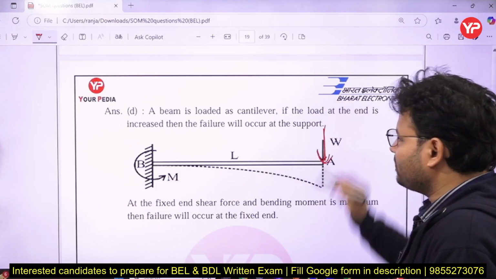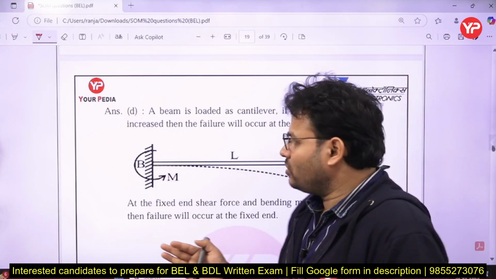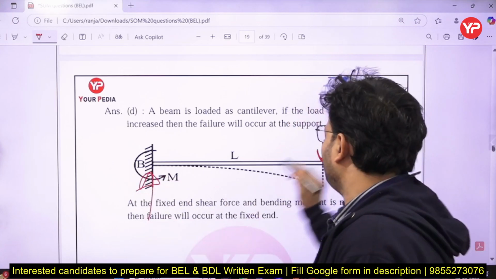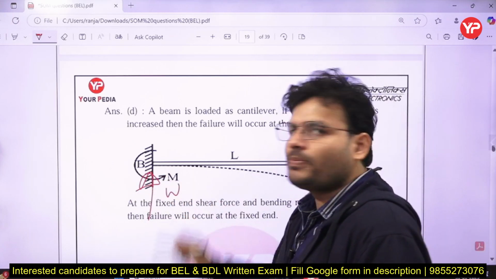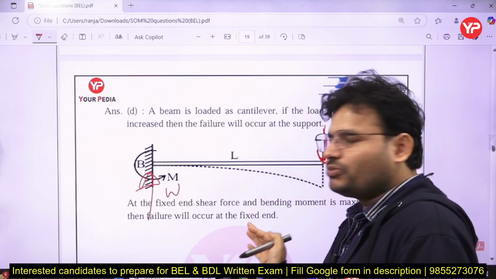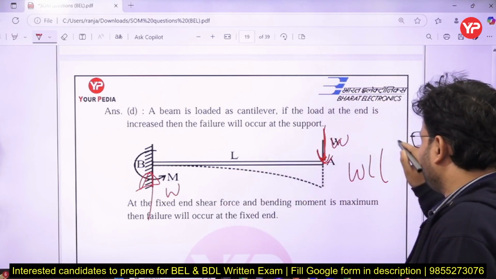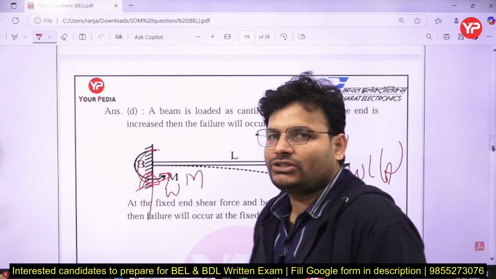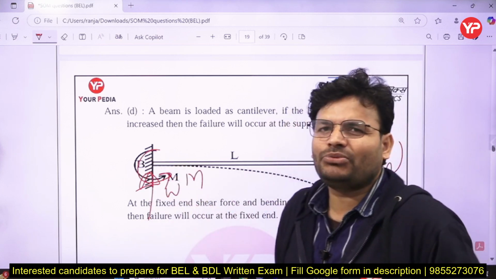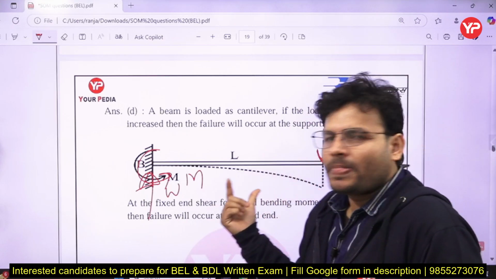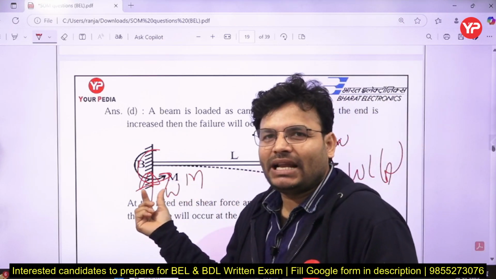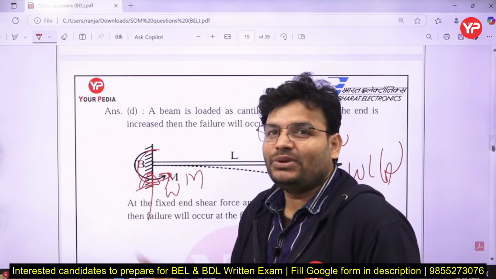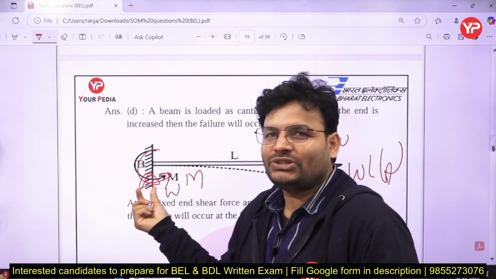As the load is increased, there will be a reaction equal to that load W, and the load will try to rotate the beam clockwise with magnitude W times L. So a couple will be generated in the anticlockwise direction to resist that. So as I increase W, the shear force as well as the bending moment increase at the point where it is fixed, and that is where the maximum shear force and bending moment occur.